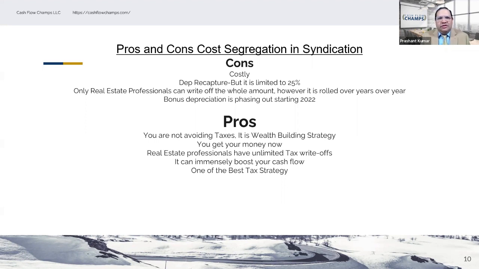So Sefwan is asking, can you explain with an example about tax recapture? So as I said earlier, you invested 100,000, your W2 is 100,000, and you got depreciation of 100,000. If you were a real estate professional, you would take that 100,000 right away in the same year.